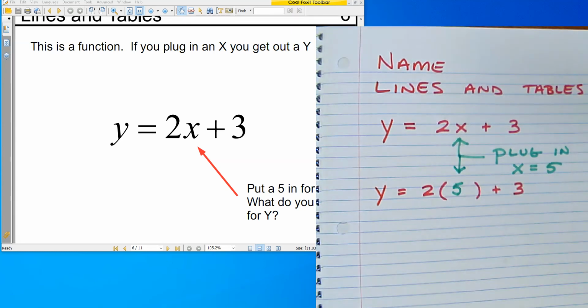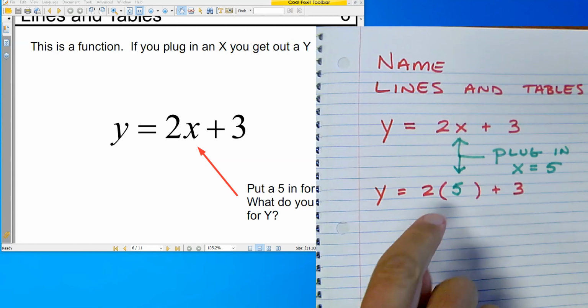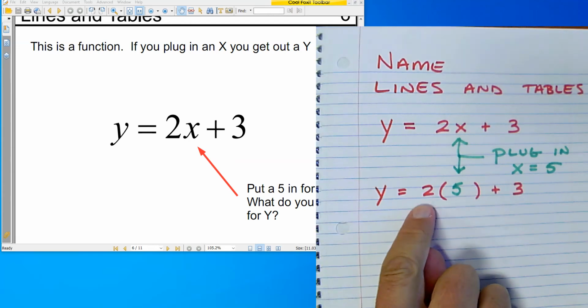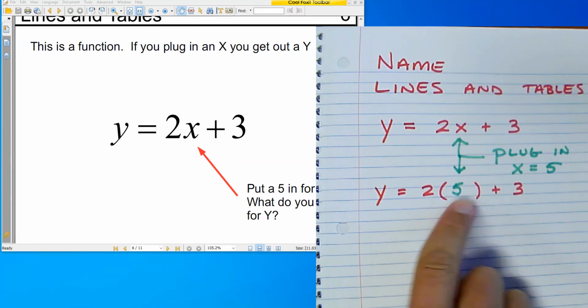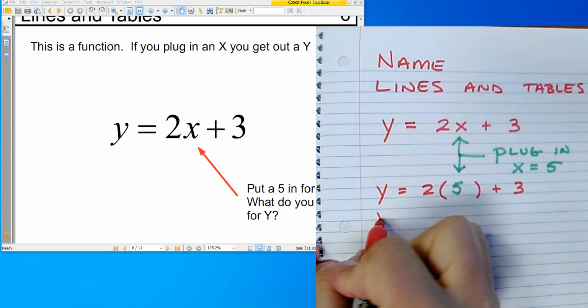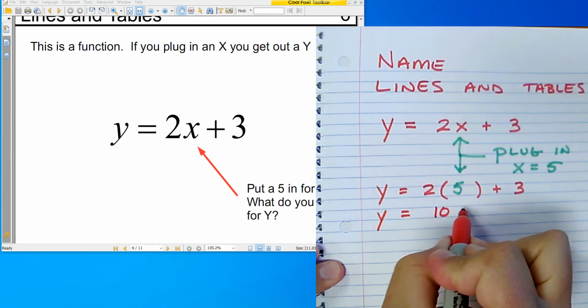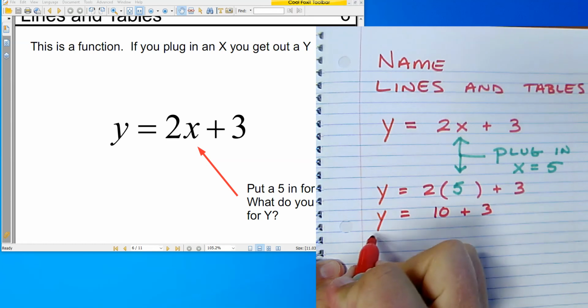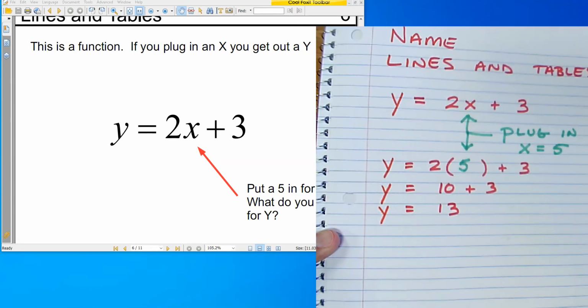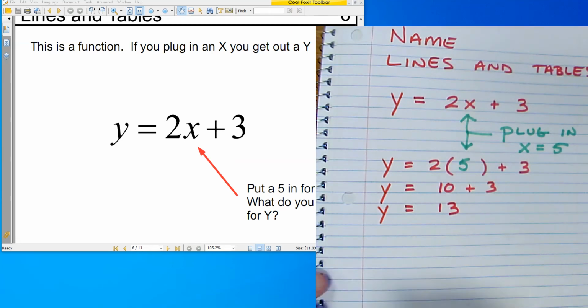It didn't have to be 5. I could do this with any number. I could put in a 6 or a 3 or a -2. Now let's evaluate it. 2 times 5 is 10. Plus 3. This becomes y equals 10 plus 3, or y equals 13. So let's make a conclusion here.